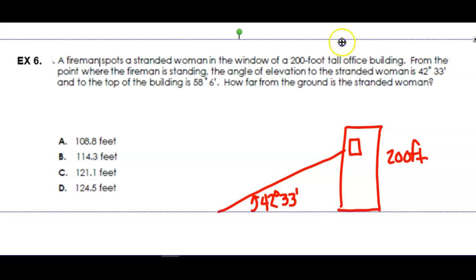I picked this because I think I did in a lesson how to change this to a decimal, but minutes are 60ths of a degree. So this is 42 plus 33 60ths, which is 42.55.